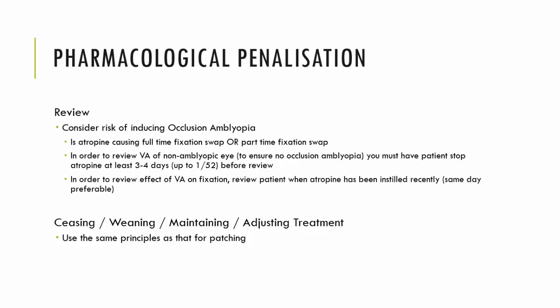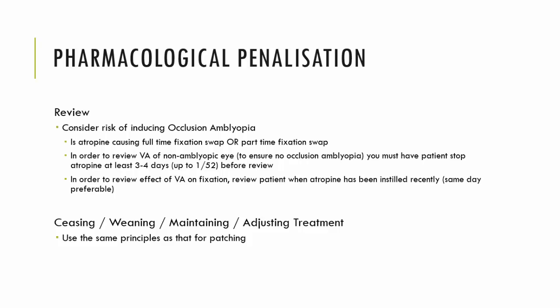The other point to make is that when your patient comes to clinic with atropine in their eye, then you can't assess the visual acuity of that eye because it's cyclopleged. So if you want to monitor visual acuity and any potential occlusion amblyopia, you need to ask your patient to stop the atropine at least 3 days before they see you, and even up to 1 week.